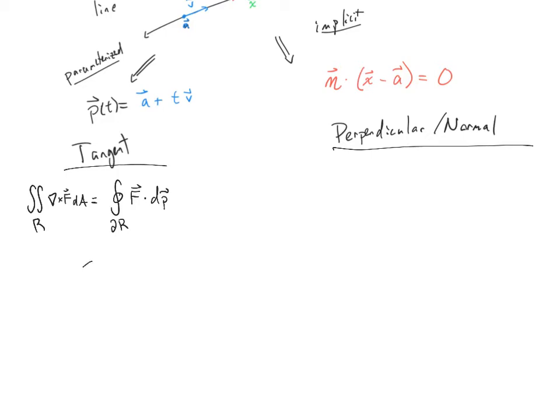And our pictures for this looked something like, if this is the boundary of R and this region is R, then the flow was trying to understand at a point P(t) here, F at that point might be somewhat agreeing with the tangent direction.